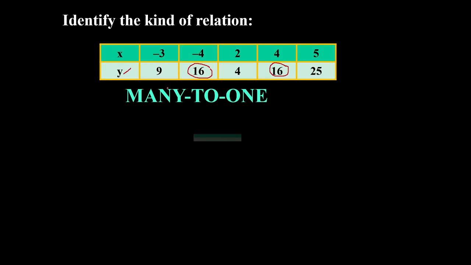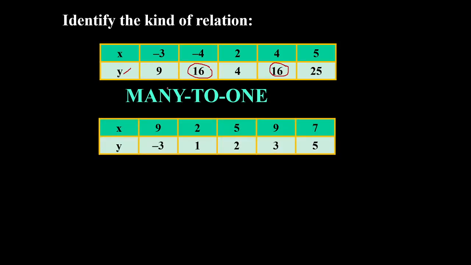Let's have our second table of values. What about this? Why is this one to many? 9 and 9, which is an X value, is repeating. So this is a one to many relation.